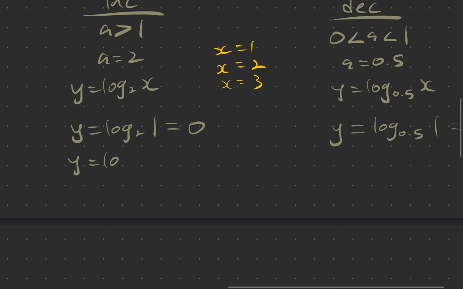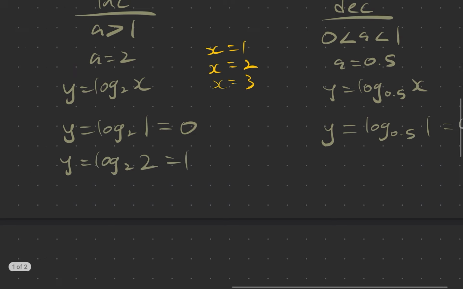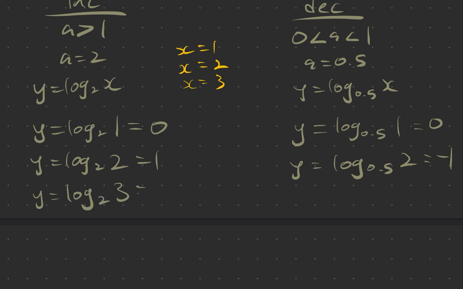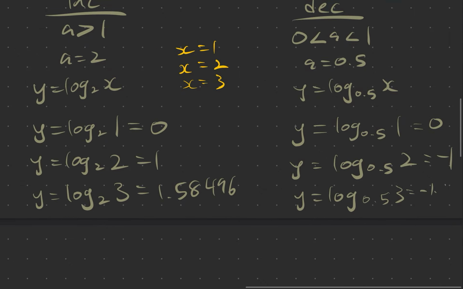y equals log base 2 of 2 will get 1. y equals log base 0.5 of 2 will get negative 1. y equals log base 2 of 3, and we'll get 1.58496, and for y equals log base 0.5 of 3 we'll get the inverse of what we got before.